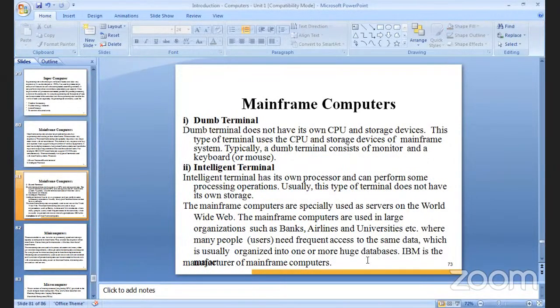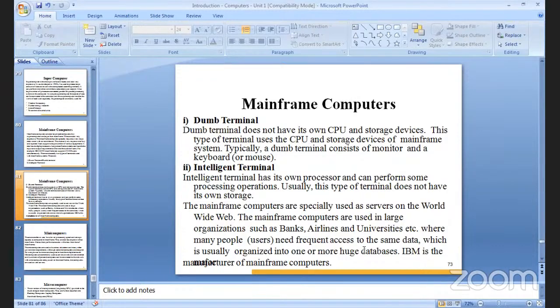A dumb terminal doesn't have its own CPU or storage devices. This type of terminal uses the CPU and storage devices of the mainframe system, and typically a dumb terminal consists of a monitor and a keyboard or a mouse, and it's directly connected with the main server.